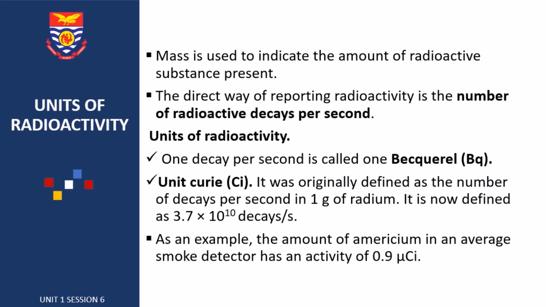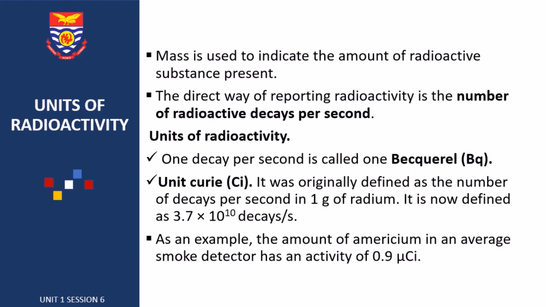Another unit that we shall be looking at is the Curie, which is represented as Ci. Formerly, it was recorded with reference to radium, as the number of decays per second in 1 gram of radium.